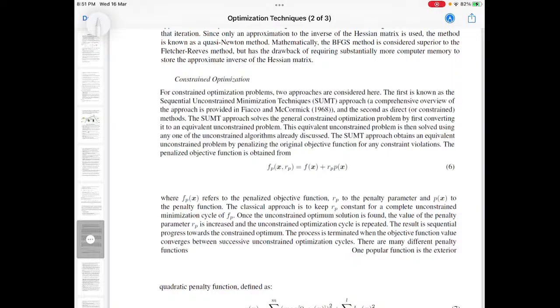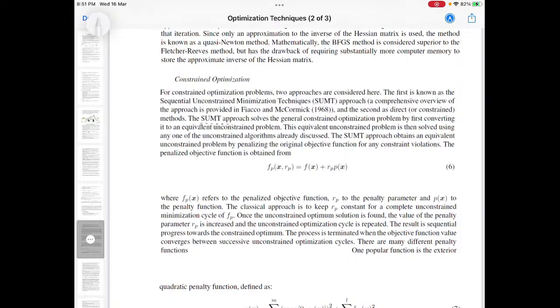A comprehensive overview of the approach is provided in Fiacco and McCormick 1968, a well-known work which explains the sequential unconstrained minimization technique. And the second is the direct or constraint methods.